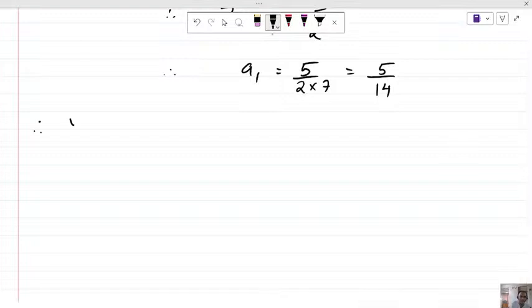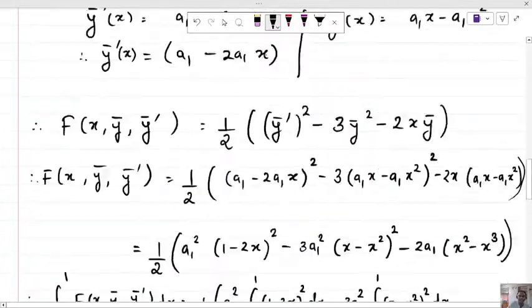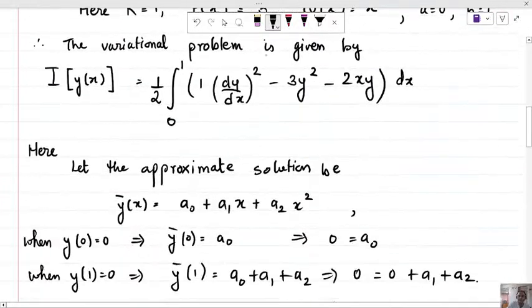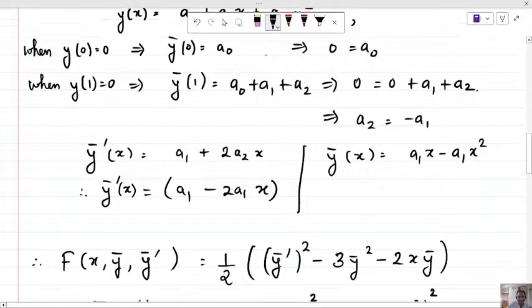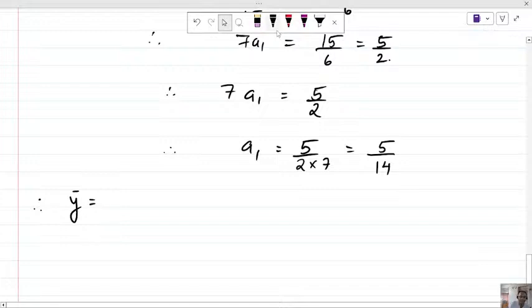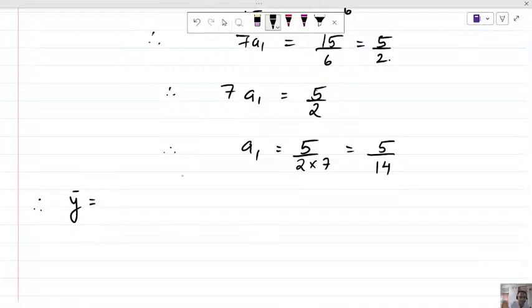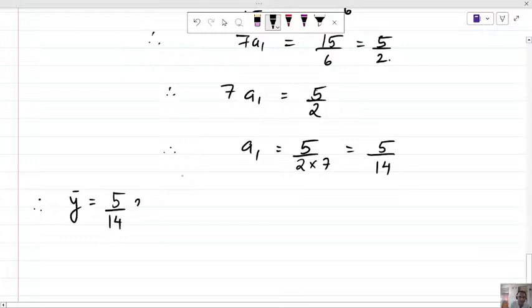Therefore y bar, which we had taken into consideration and simplified, is a1x minus a1 x square. So with a1 equal to 5 by 14, it is 5 by 14 x minus 5 by 14 x square.